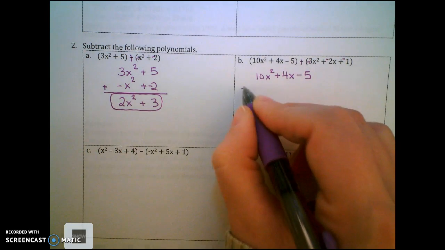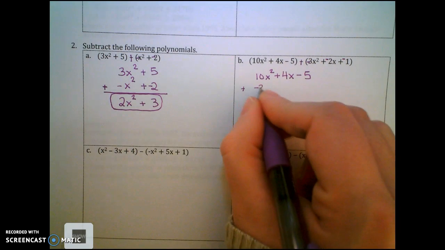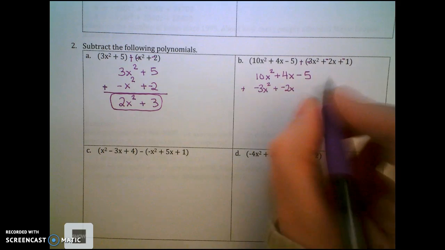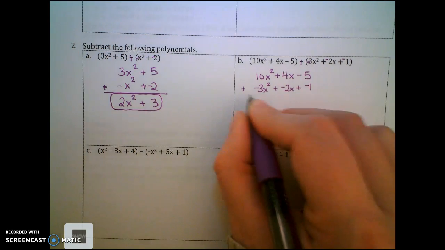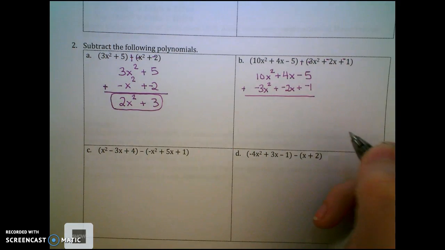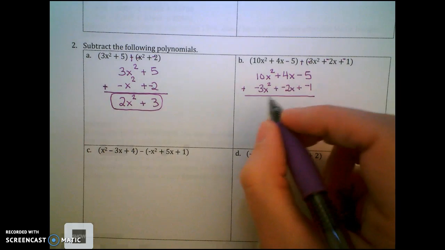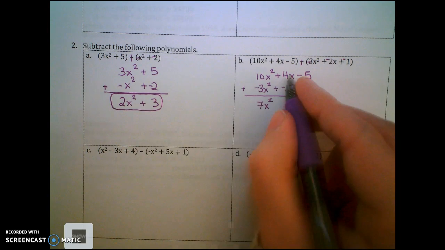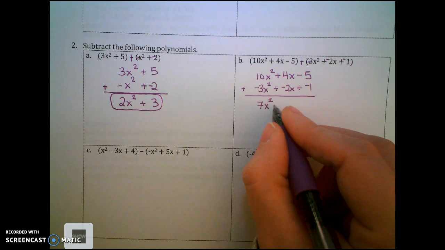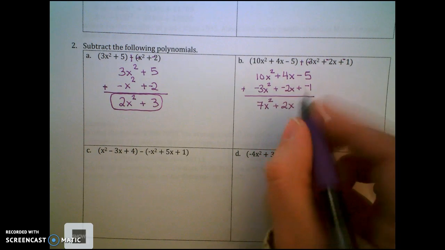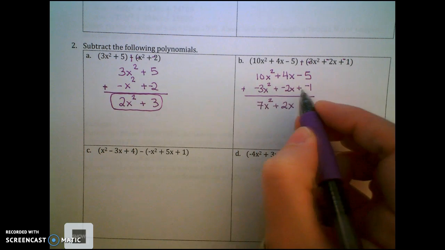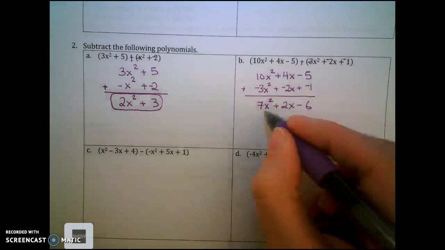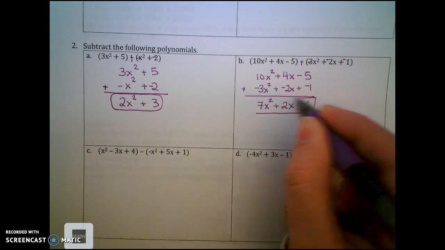So now I have plus negative 3x squared plus negative 2x plus negative 1. And I add down. 10 plus negative 3 is 7. 4 plus negative 2 is 2. And negative 5 plus negative 1 is negative 6. So then that is my answer.